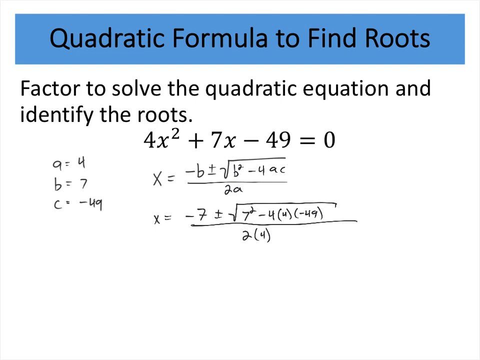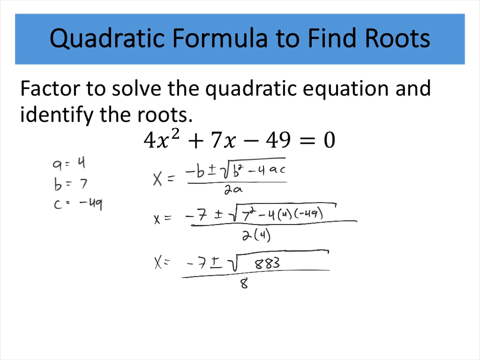Okay? And all I'm doing is simplifying here. Negative 7 plus or minus the square root of, I'm going to do everything underneath the square root in a calculator. So that ends up being 883. So that was 7 squared minus 4 times negative 49. All over 2a, that's 8.